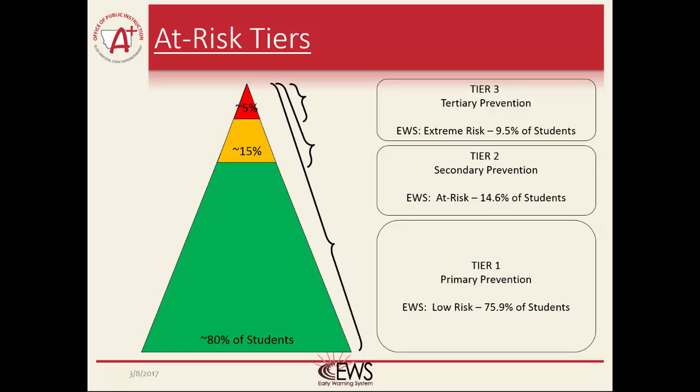The slide shows the percent of kids in each of these EWS risk levels, which also closely follows the percent of kids that are recommended to be in each of the 3 tiers of these intervention programs. The EWS is designed to identify the students that need help, and using the intervention models that are already in place at many schools, the students can be placed in their correct tier using their EWS results.